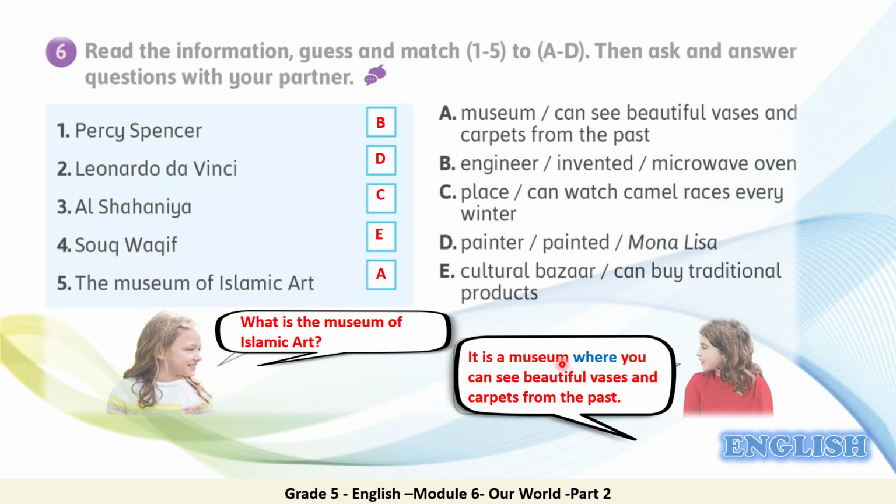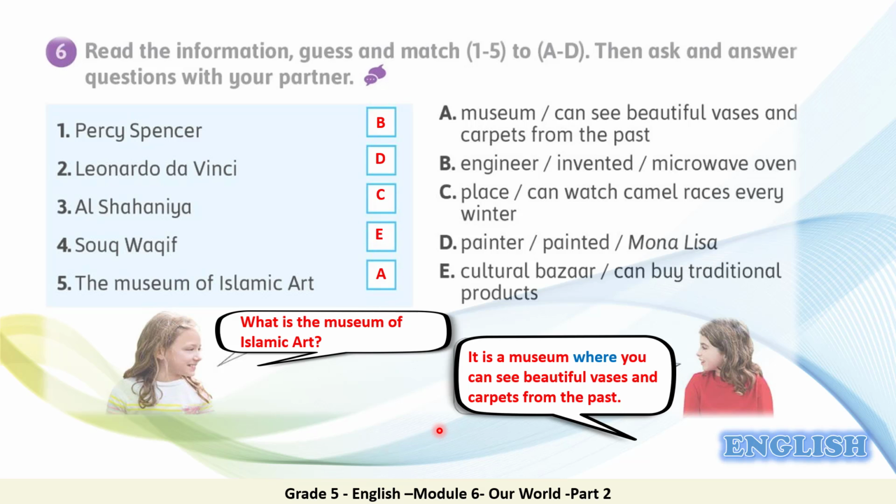It is a museum where you can see beautiful vases and carpets from the past. So you need to make these conversations or similar ones asking about people, places, or things, and answering using the relative pronouns. And don't forget to record your conversations and share them with your class.